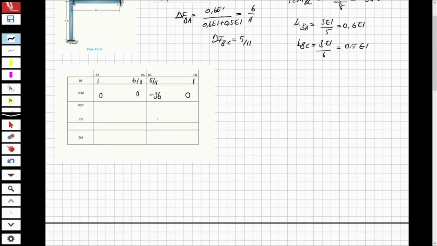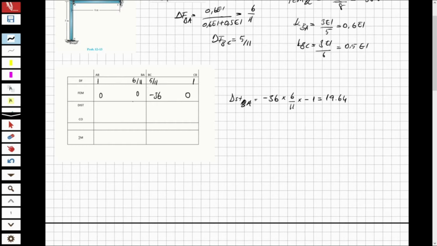Okay, so I'm going to take minus 36 times 6. If I write it, that will be better for you. Distribution from B to A, that will be minus 36 times 6 over 11 times minus 1. That will be 19.64.